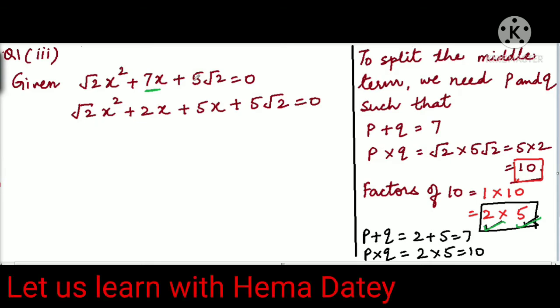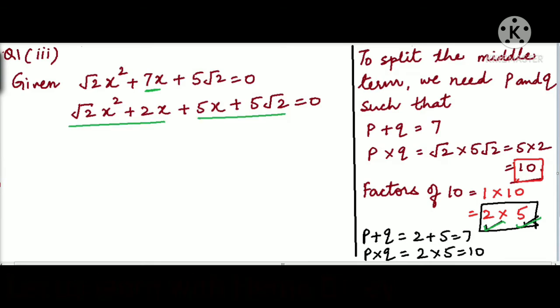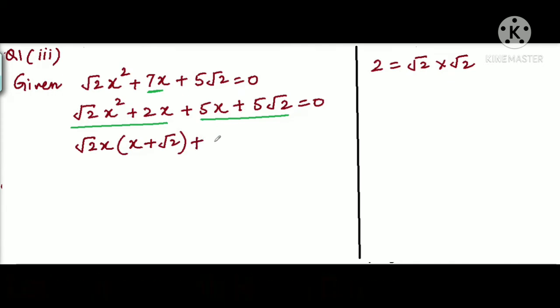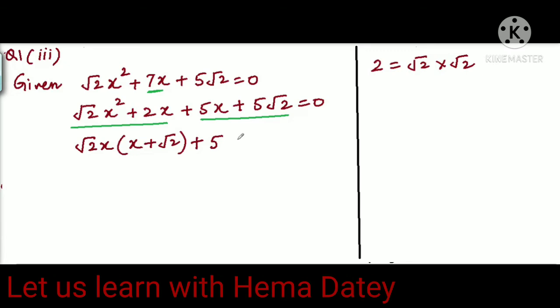Now we'll make pairs of the first two terms and the last two terms, and write common factors outside the bracket. We know that 2 is equal to √2 × √2. So from the first two terms we will take √2x common. We will be left with x + √2, and from the last two terms we will take 5 common and we will be left with x + √2 = 0.